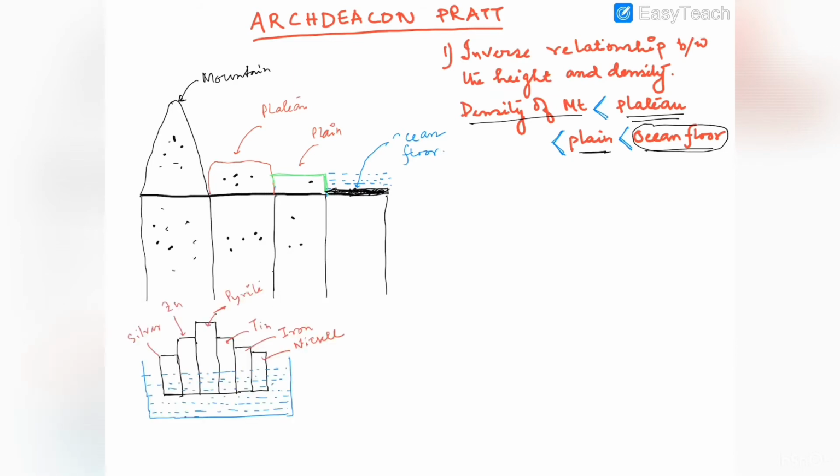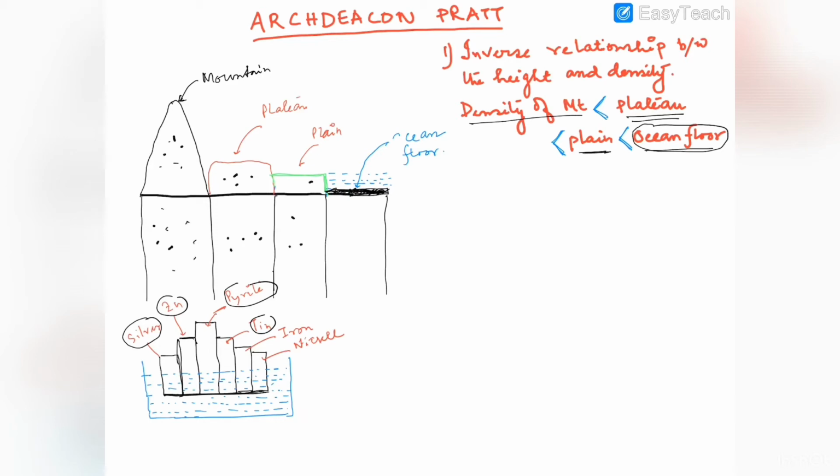So here I have drawn Pratt's experiment. He took several pieces of varying length, but they are of different material. He took silver, zinc, pyrite, tin, iron, nickel, etc. And very surprisingly, he found that his pieces dipped up to the same level into the bucket of mercury, which is very much possible given the relative densities of these different materials and their weight.